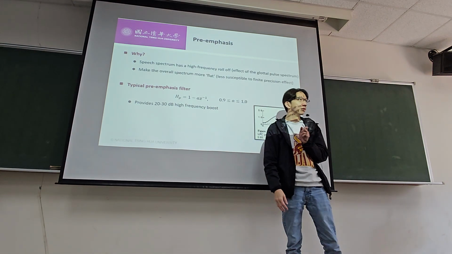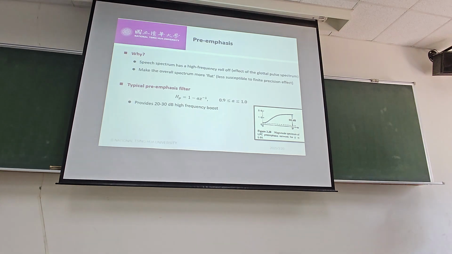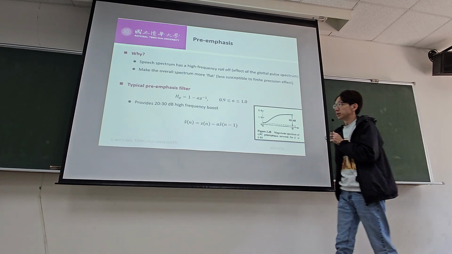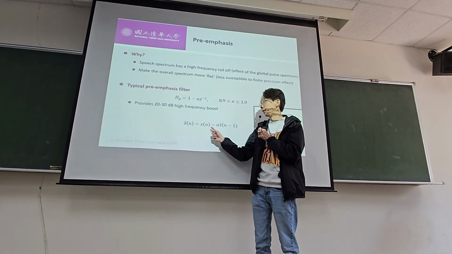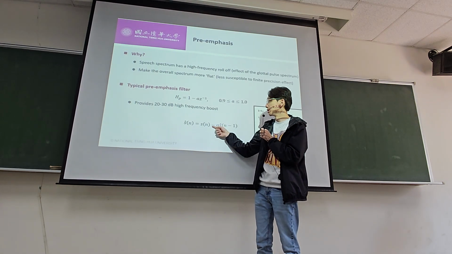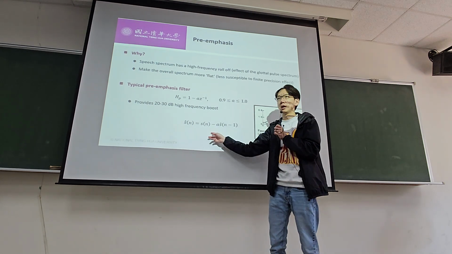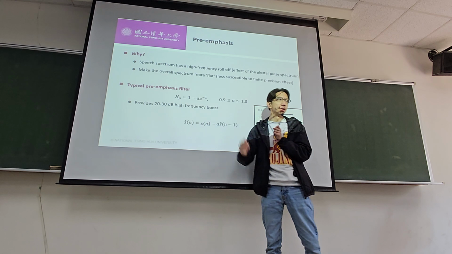So you have a little bit of high frequency boost, just to make sure it's less susceptible to finite precision effects. The actual implementation is easy. As a signal comes in, take the previous signal point times this alpha, and subtract that from the current sample. By doing this, you're effectively doing a high frequency boost.